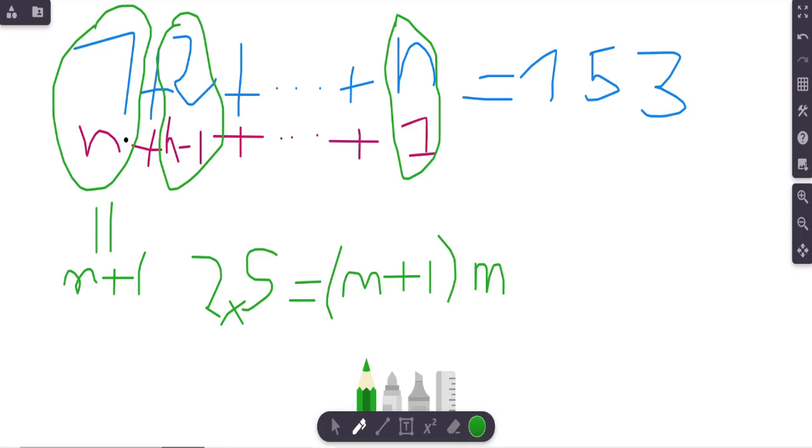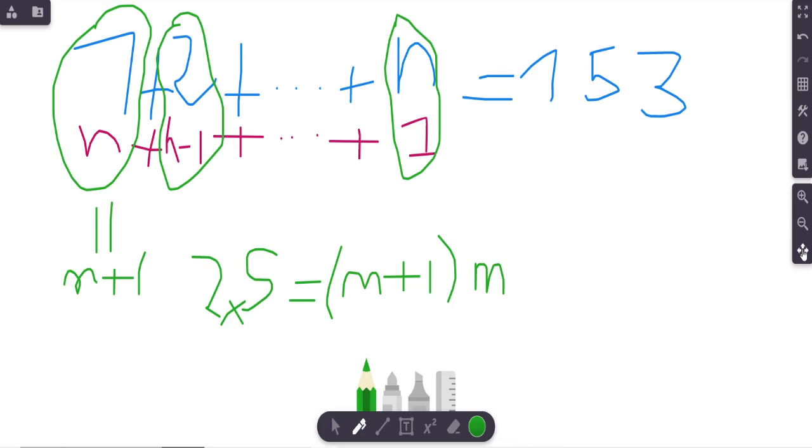Okay. So 1 plus 2 plus n, you add it to itself. Okay. So the sum is s. So if you add the 2, you have 2 multiplied by s, and it is equal to n plus 1 because each term is equal to n plus 1, and you have n terms. So it's n plus 1 multiplied by n.